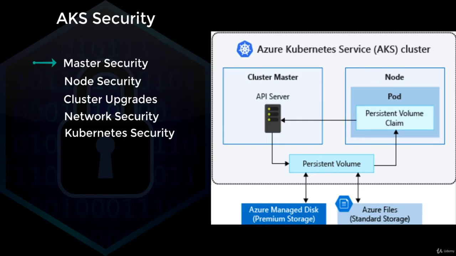By default, this Kubernetes API server will be using a public IP address and also a fully qualified domain name. If you integrate this with Azure Active Directory, you will be able to grant role-based access controls and granular permissioning using the Azure AD permissioning model.